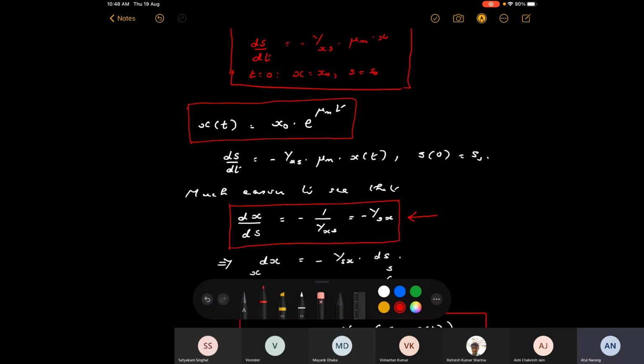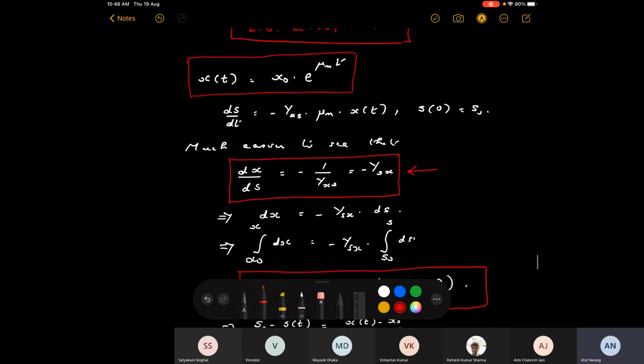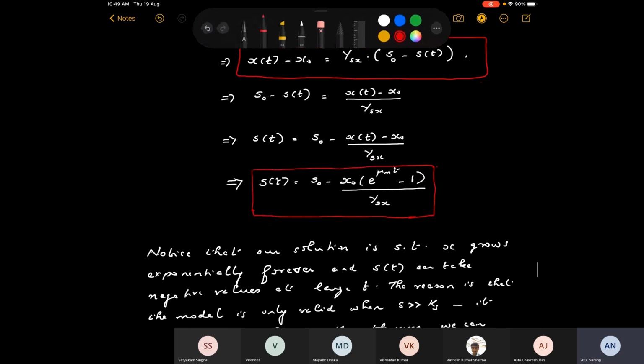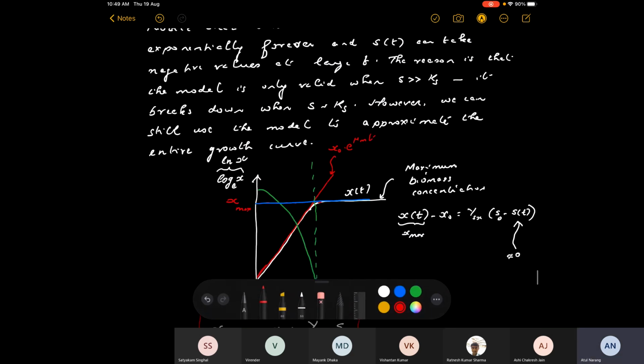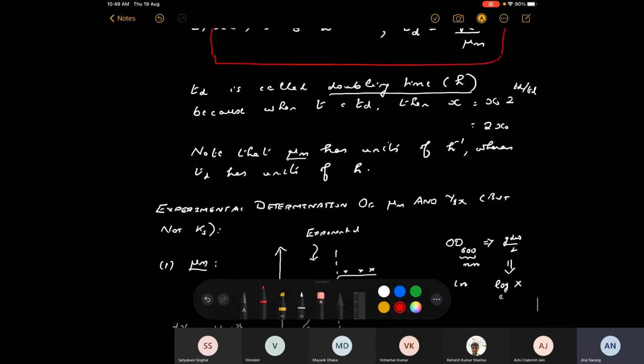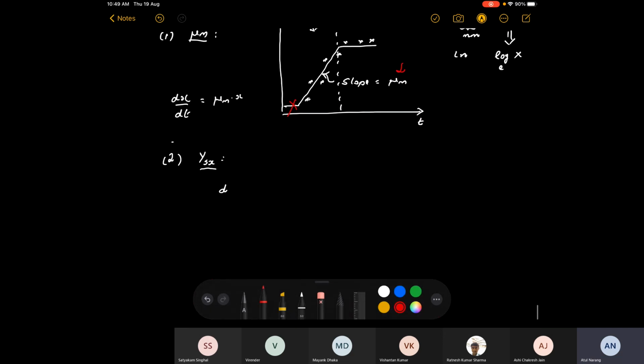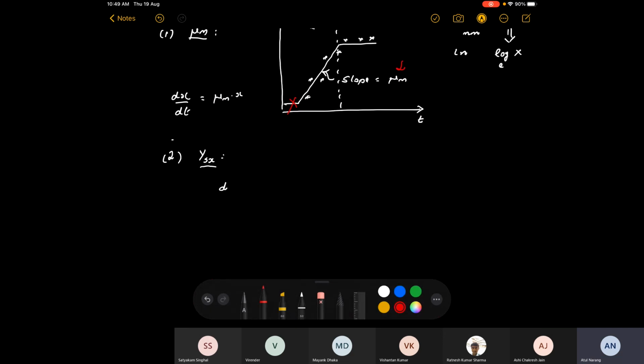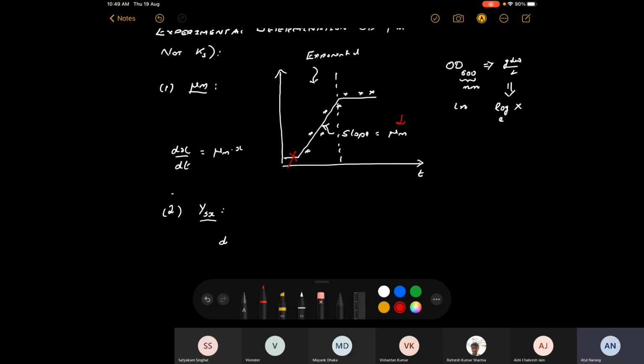So this relationship says that the change of x divided by the change of s is equal to minus Y_sx. Well, what I do is, essentially, I am collecting data, I am measuring both x and s. So I'll show you. I also have, for example, collected the data for s.